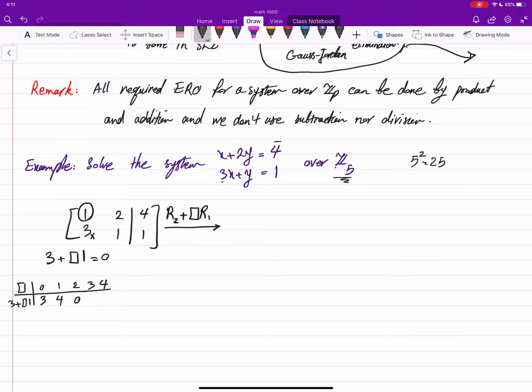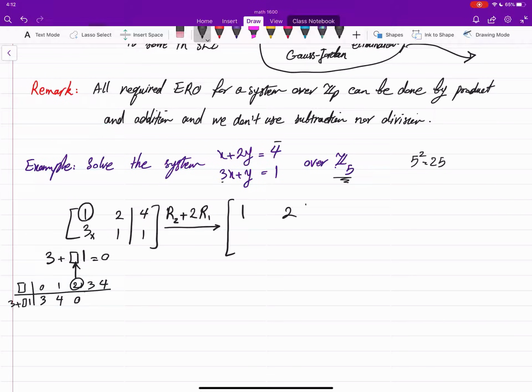So the box is going to be 2. In other words, we need to replace R2 by the sum of R2 and 2 times row 1.